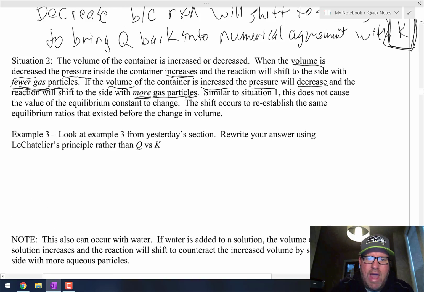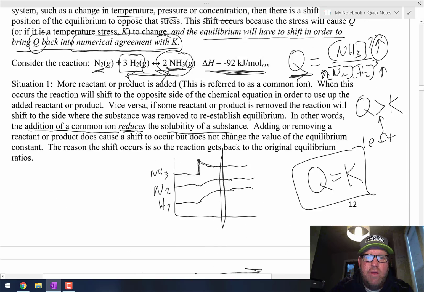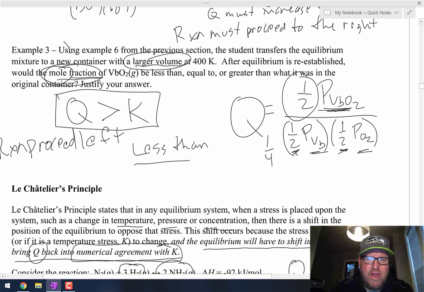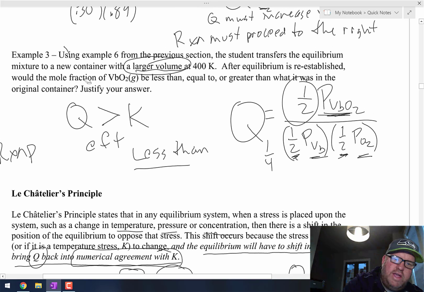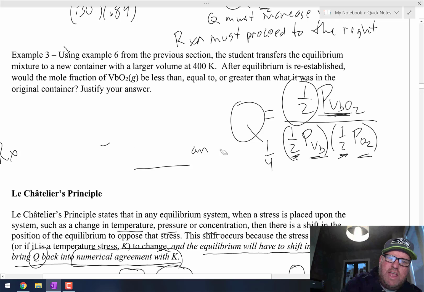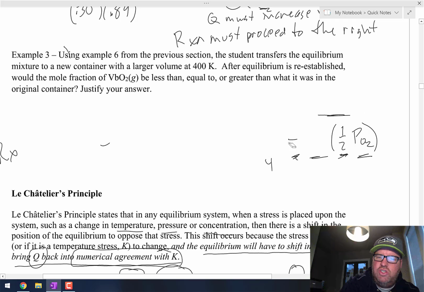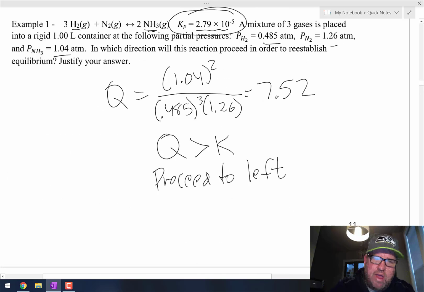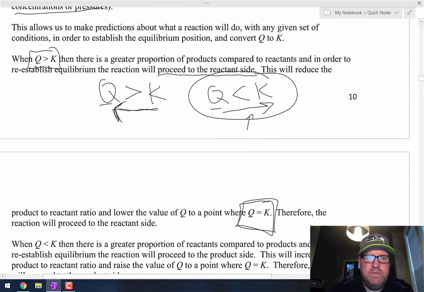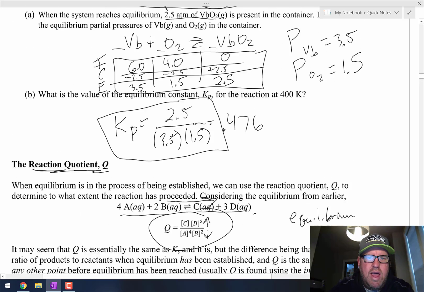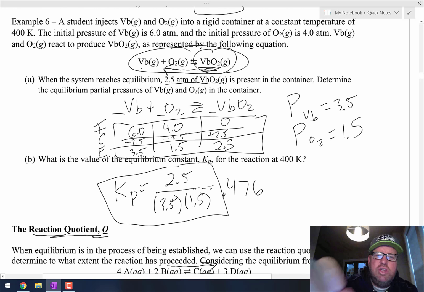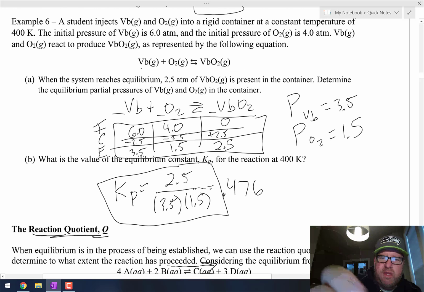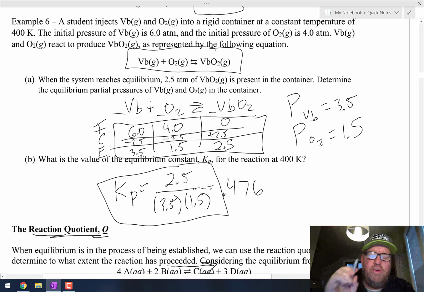Okay, so let's go back to that question from the previous video, right here. It said, using the example 6 from the previous section, the student transfers the equilibrium mixture to a container with a larger volume. So let's go back to example 6, which is right here. The student transfers this equilibrium system to a container with a larger volume.